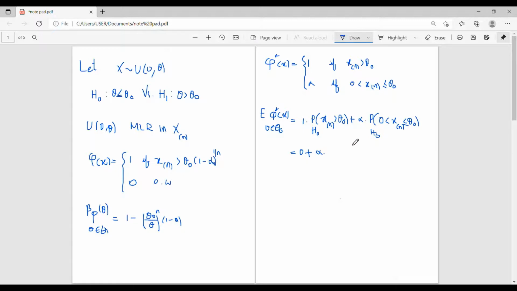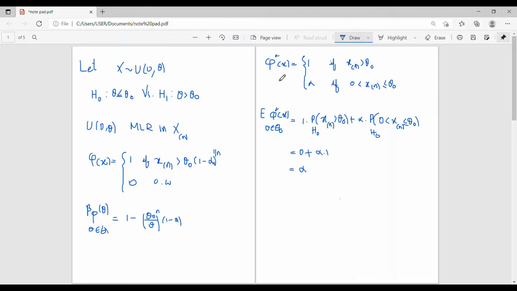The probability that the maximum order statistic lies between 0 and theta naught is equal to 1. So the size of the test phi star of x is 0 plus alpha into 1, which is equal to alpha. So both phi and phi star of x are of size alpha.